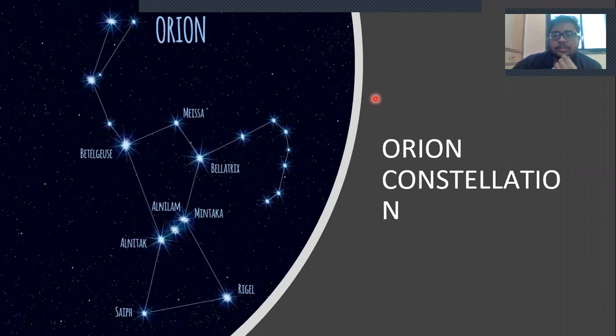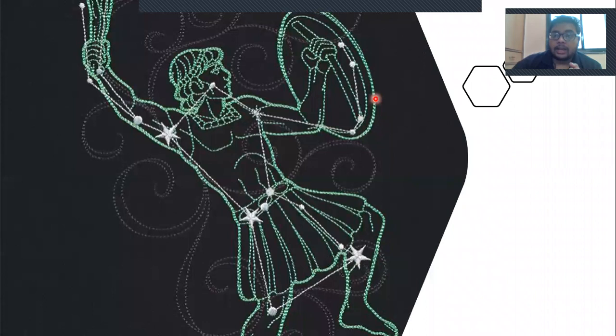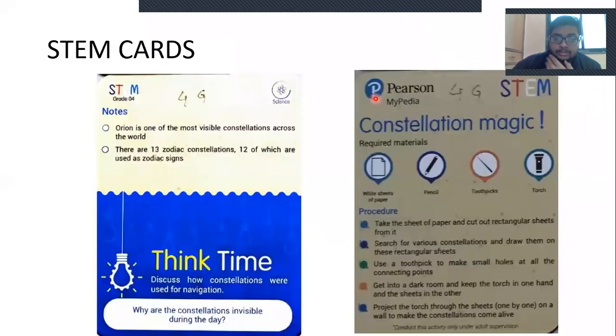The Orion constellation is the most prominent one, and it's very nice to see. They can help us in detecting directions. Orion is the most visible constellation across the world, and there are 13 zodiac constellations, 12 of which are zodiac signs, like I mentioned.